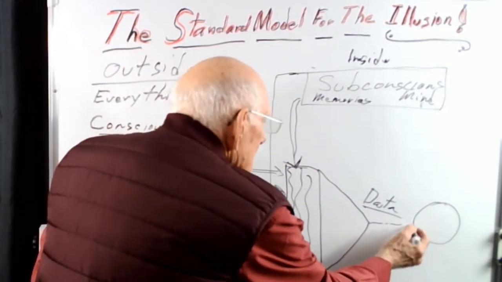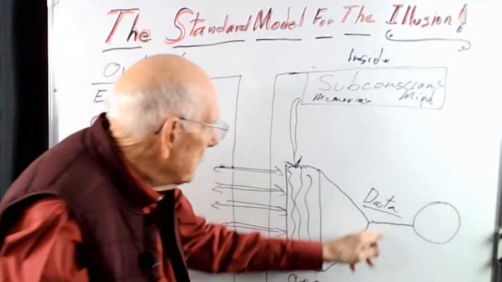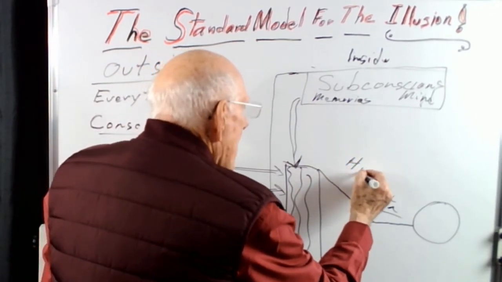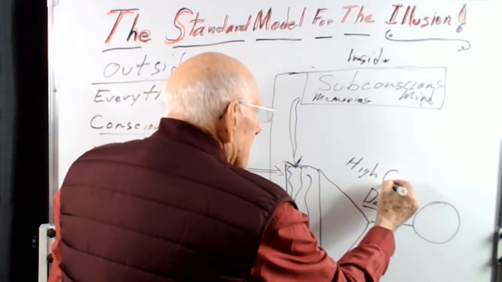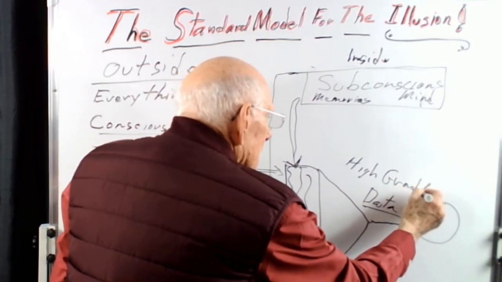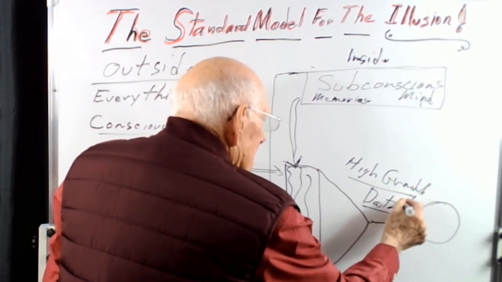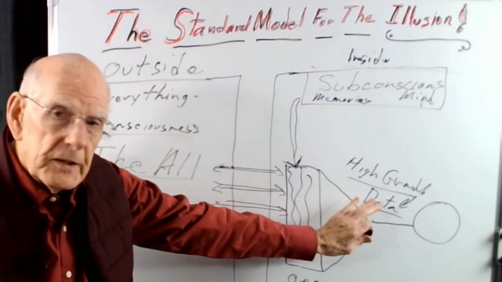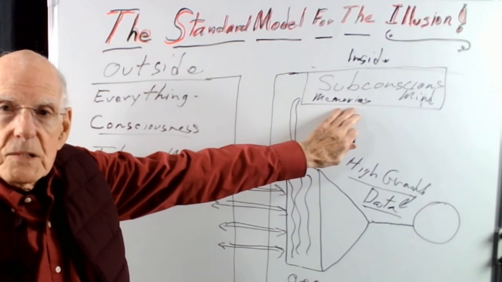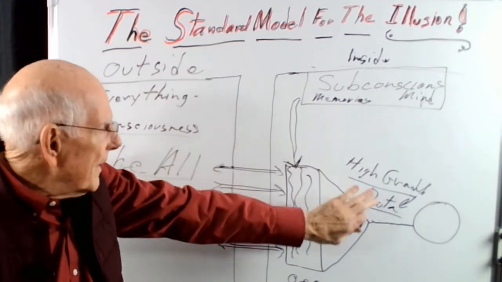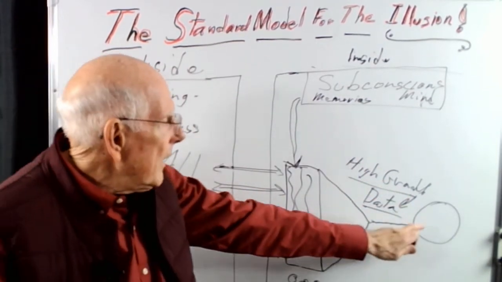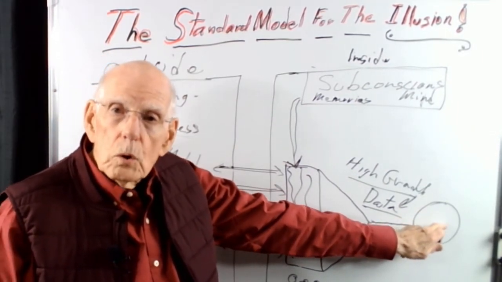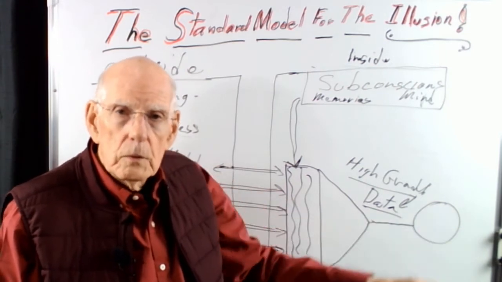We use the high-graded, I better put that down, high-graded data. Not all the data, specific data based upon our past. We take that information and we make our world. So this is the world we live in.